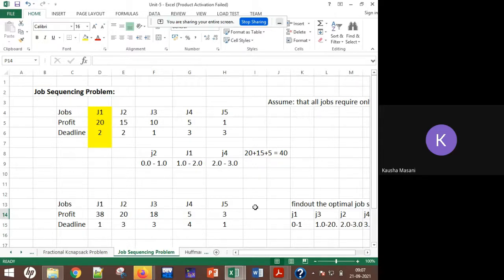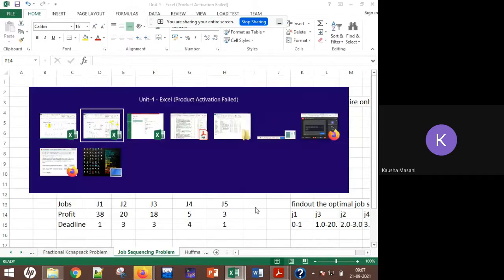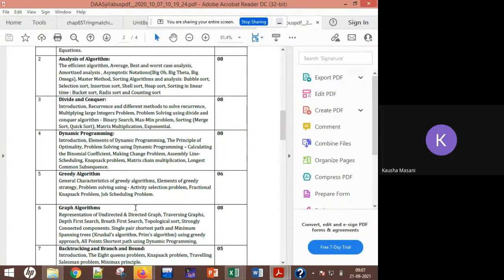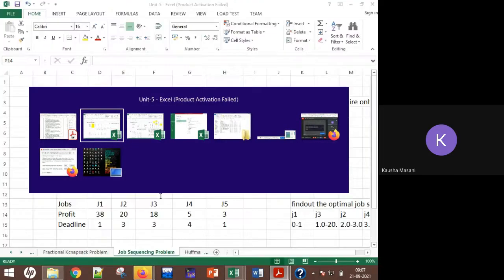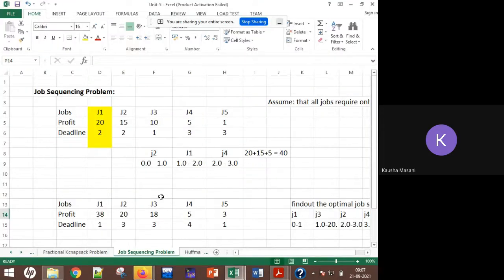I suppose your doubt will get cleared. If not, then you have 10 minutes of time. See, this is your greedy problem, one of the greedy problems. I'm starting from a random chapter here. I just saw that chapter number 5 is there and the job scheduling problem is there. So we'll start with unit number 5, the job scheduling problem.